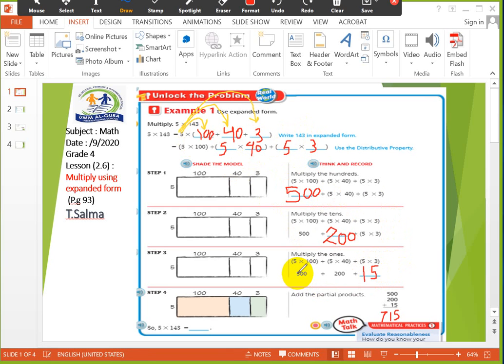After that, I will add all answers, 500 plus 200 plus 15. So the answer for this multiplication is 715.